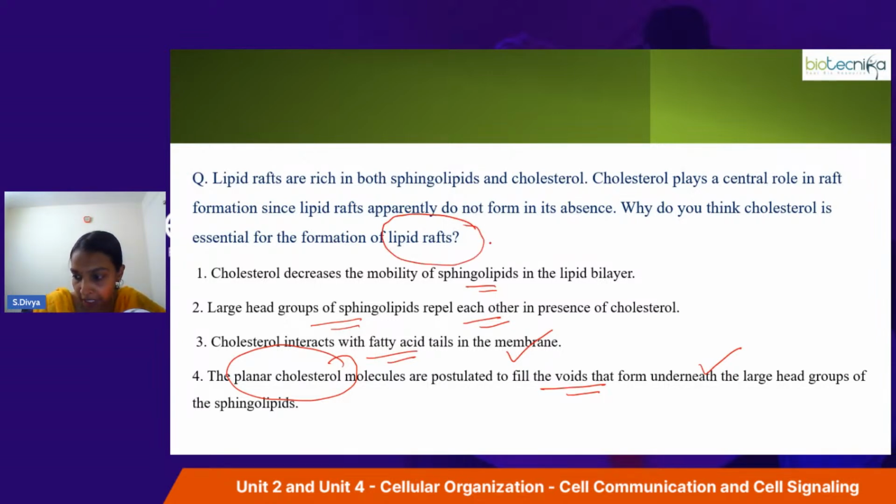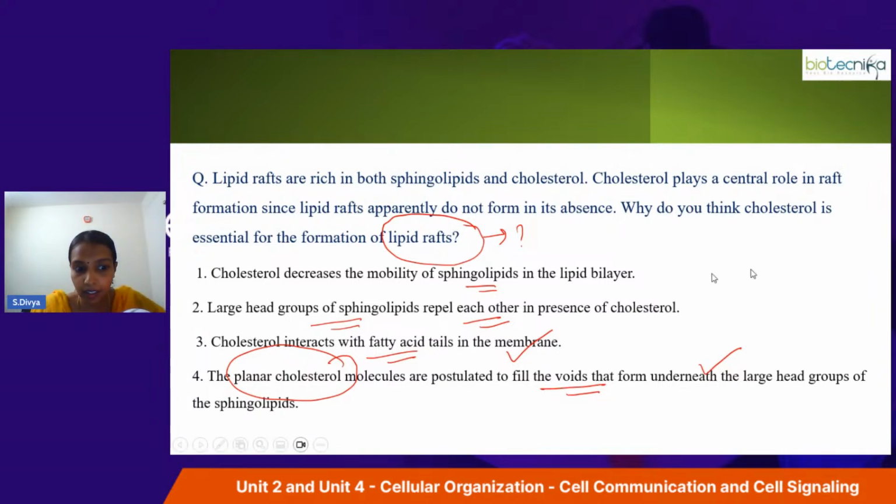Okay, I can see Pratik has given the answer. What about others? Any idea? I can see miscellaneous answers coming up. Okay, let me give you the answer then.